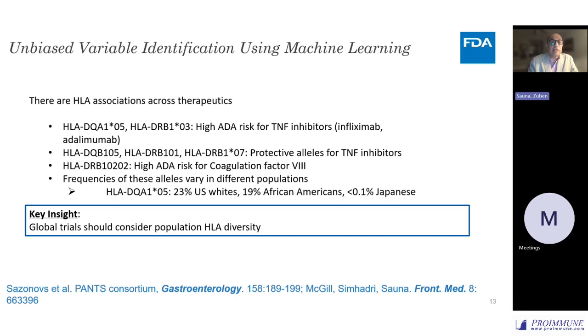The other publications on factor VIII to treat hemophilia, etc. And many of these studies show that there are HLA variants that could put a patient at either high risk or actually protect them from getting immune responses.